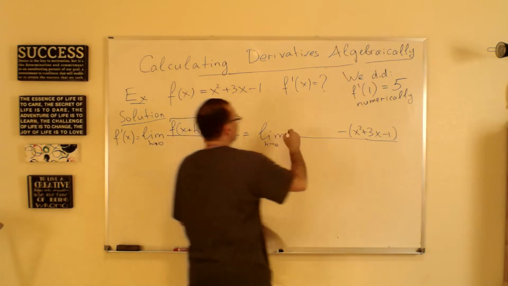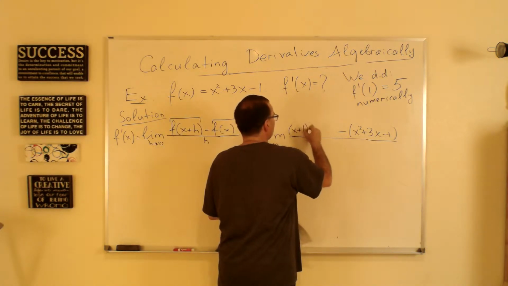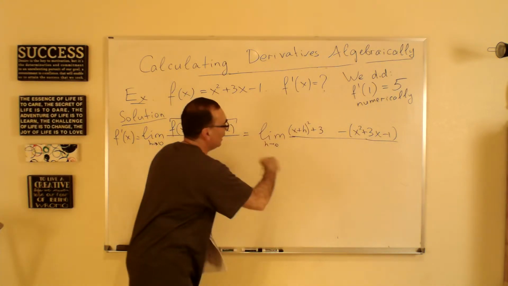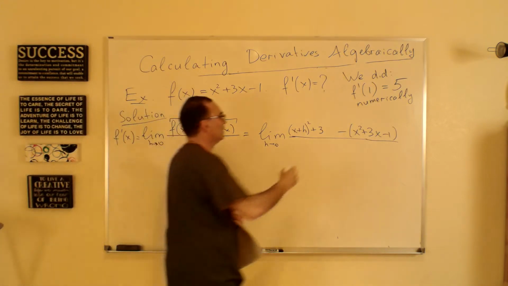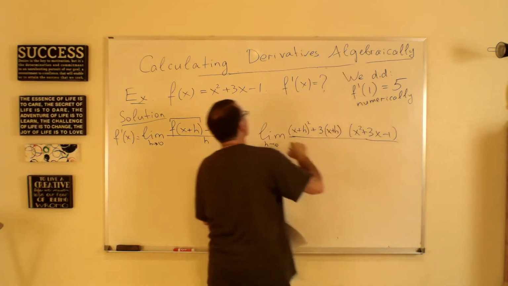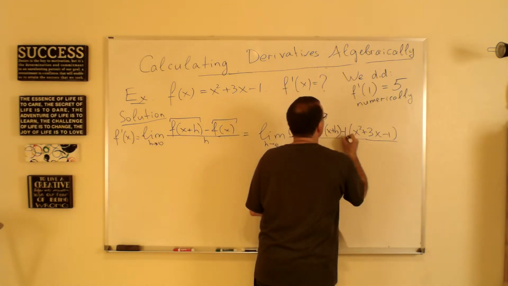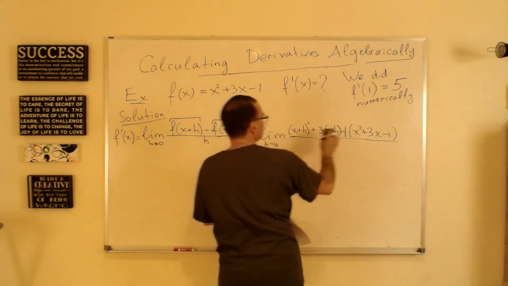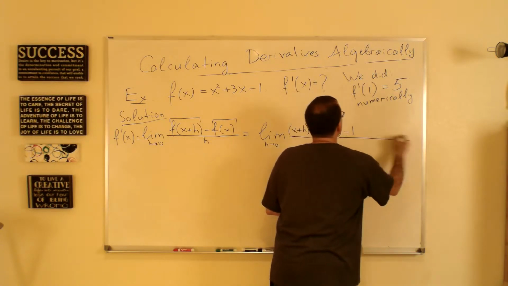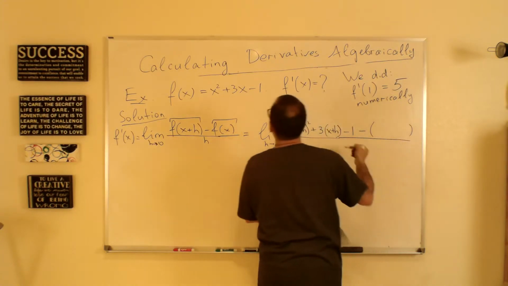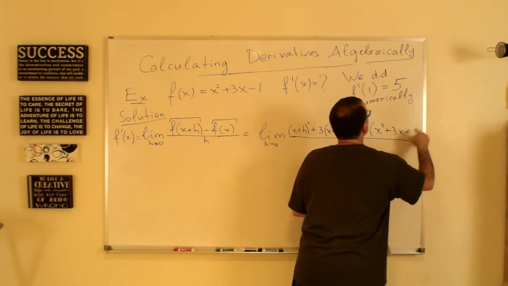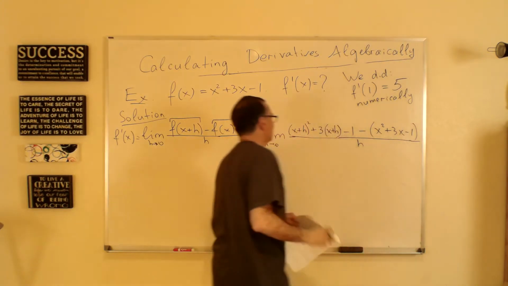So when we replace x squared, it becomes x plus h squared. When we replace 3x, it becomes 3 times x plus h, so it has to be again in parentheses, because it will eventually distribute, and minus 1. And then minus the original function in parentheses, x squared plus 3x minus 1, all of that divided by h.